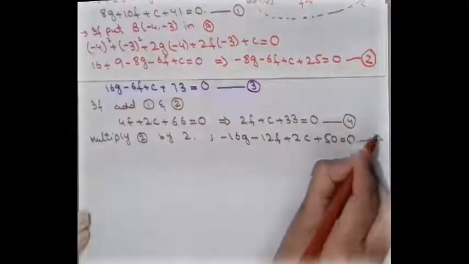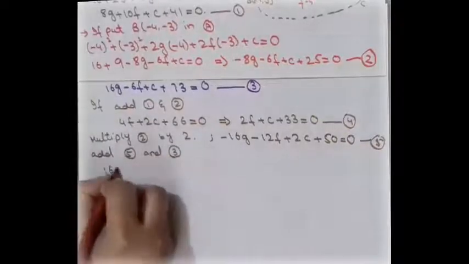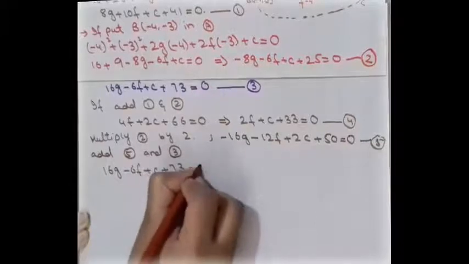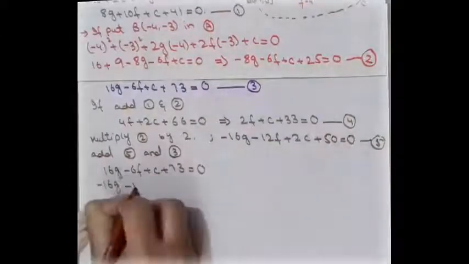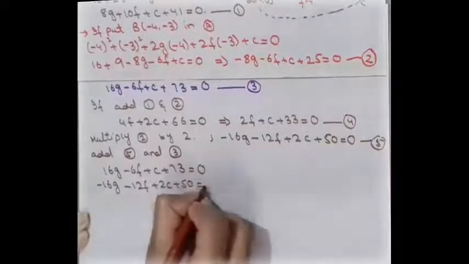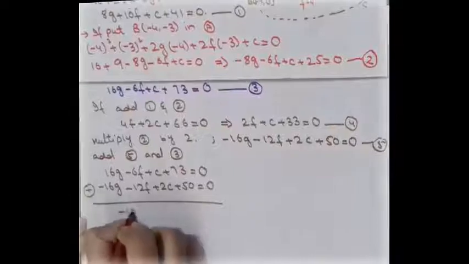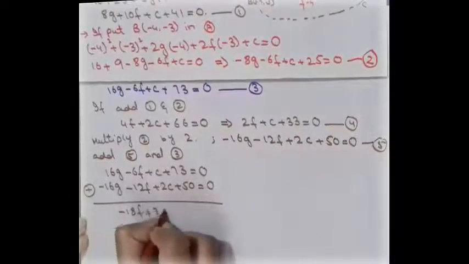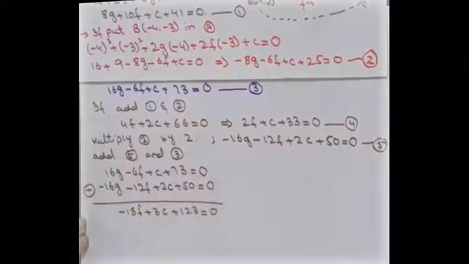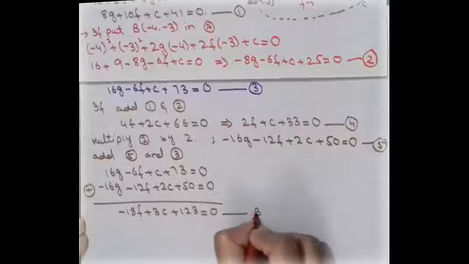If we call it the fifth equation, add the fifth and third equation: 16g minus 6f plus c plus 73, which is equals to 0, and minus 12f plus 2c plus 50, which is equals to 0. We add them and get minus 18f plus 3c plus 123, which is equals to 0, and call this equation B.